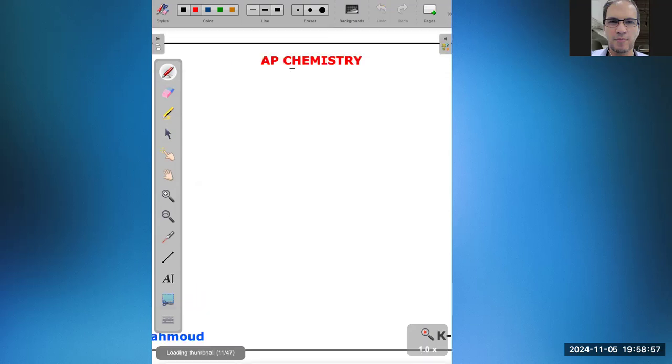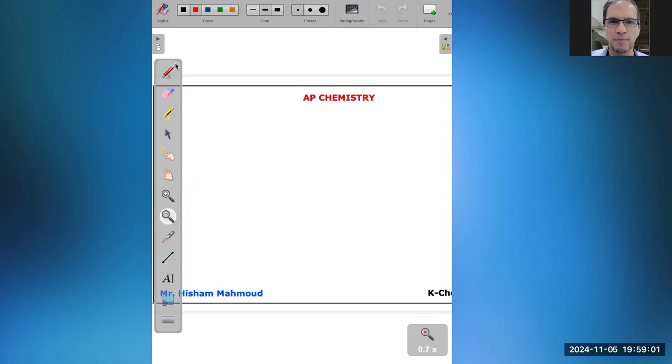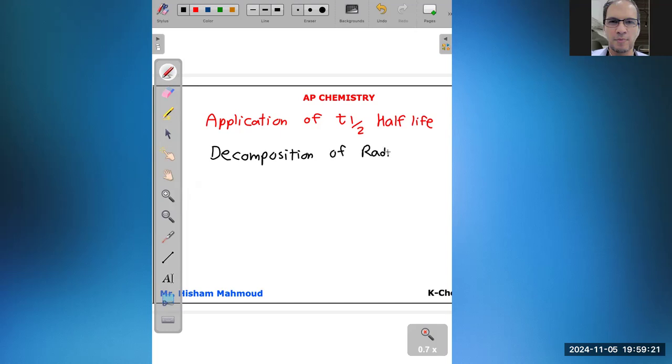Another application, which is very important, also more than the medicines, for this application of T half, or the half-life of a substance, is the decomposition of the radioactive substance.